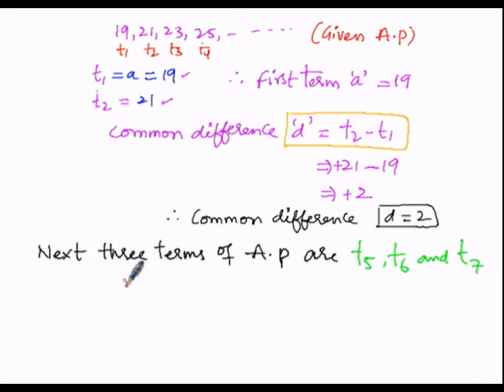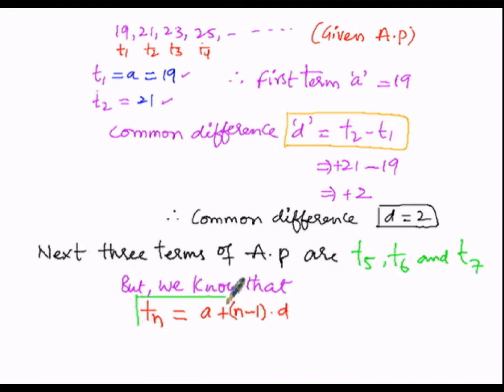But we know that the nth term of an AP is given by A plus, and in order to find the nth term, one less, that is 1, must be subtracted from n. So A plus n minus 1 into D will give us the nth term of the arithmetic progression.